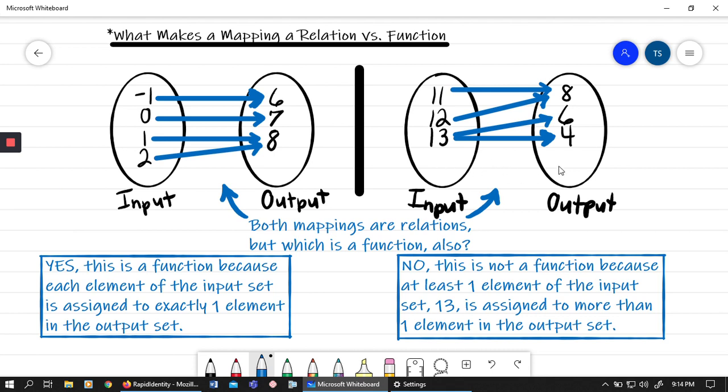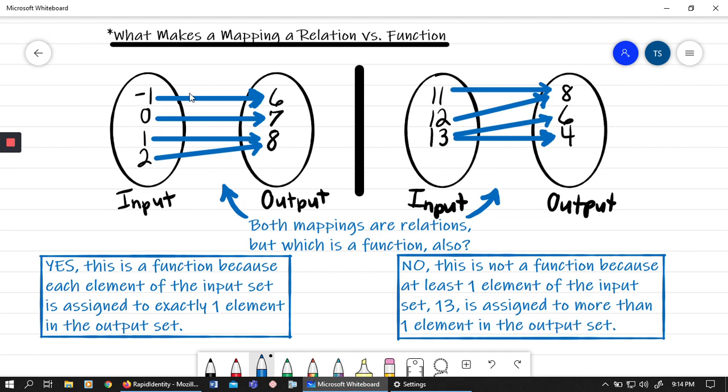So, guys, this relation on the right side is not a function because there's at least one element of the input set, and that element is 13, that is assigned to more than one element of the output set.